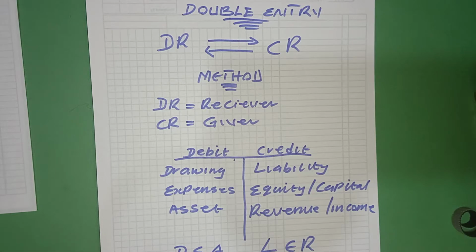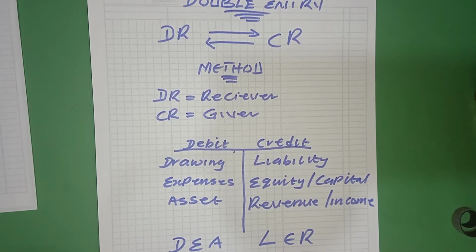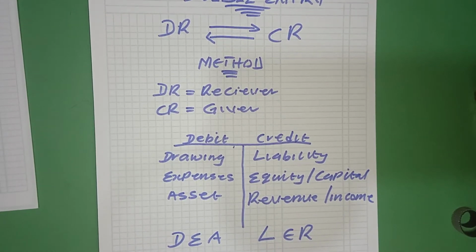You understand? Just know that drawings, expenses, and assets are debit balance. And also know that liability, equity or capital, revenue or income are credit balance. Put this in your head, in your heart.